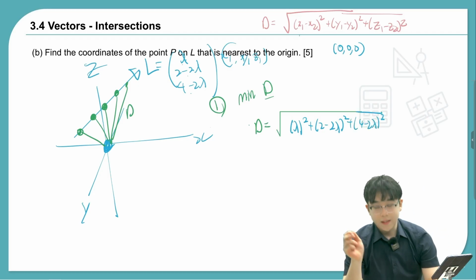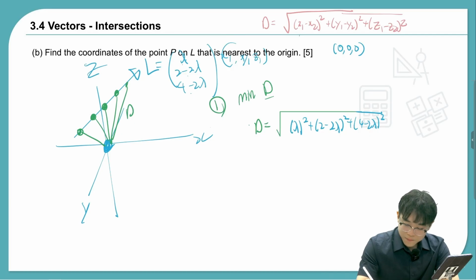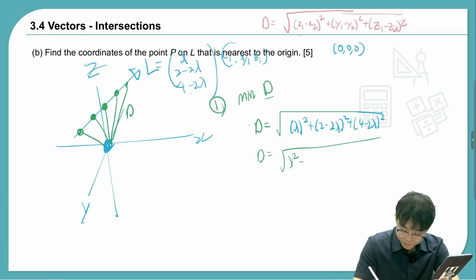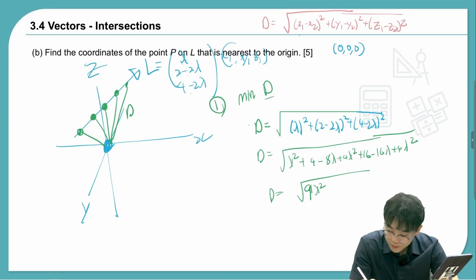So if we evaluate this expression, that's going to be the distance. Okay, so let's first simplify that. So d would then be square root of lambda squared plus 4 minus 8 lambda plus 4 lambda squared plus 16 minus 16 lambda plus 4 lambda squared. So d would be square root of 9 lambda squared, and then we would get negative 24 lambda plus 20.